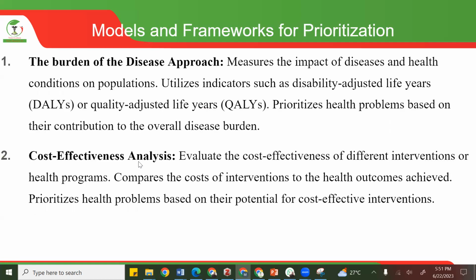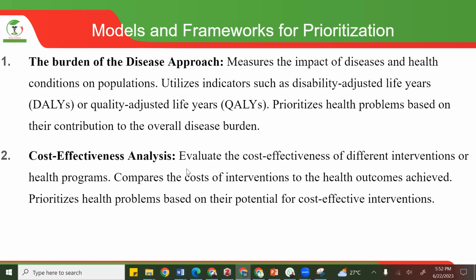Okay, so the first framework is what we call the burden of disease approach, which basically looks at the quality of life, the mortalities and morbidity issues. These are actually calculated in epidemiology. The calculation of prevalence, incidence, quality of life, the adjusted quality of life years, and things like that are calculated in epidemiology.